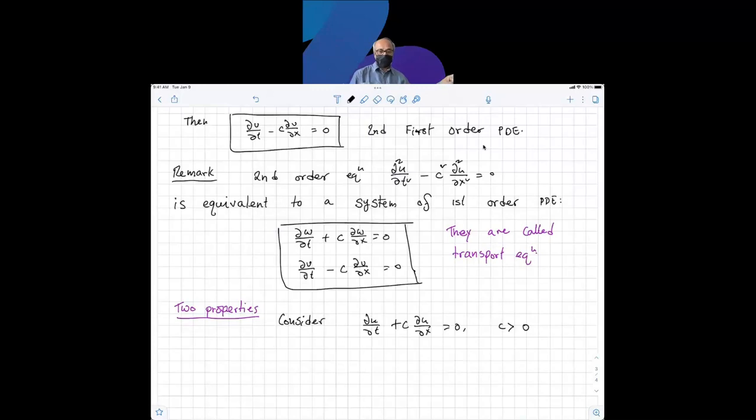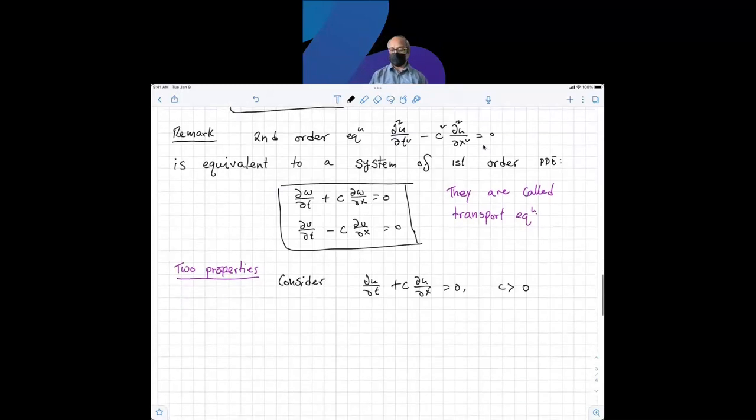Second equation, dv dt minus c dv dx. So v and w do not matter. We can say du dt plus c du dx equals 0, with c positive, is the first equation. We can write du dt plus c du dx equals 0 with c negative, and you get the second equation. So that's the advantage here.